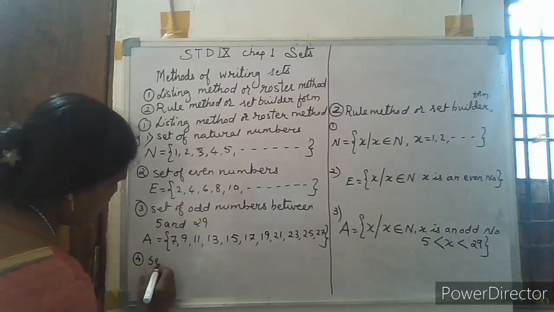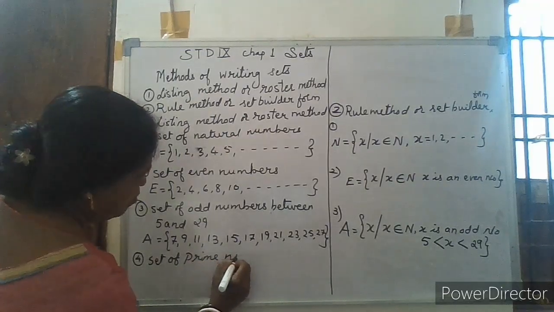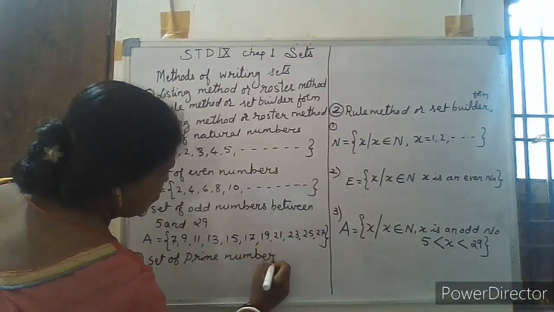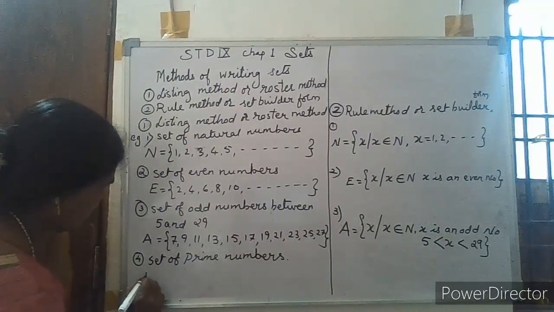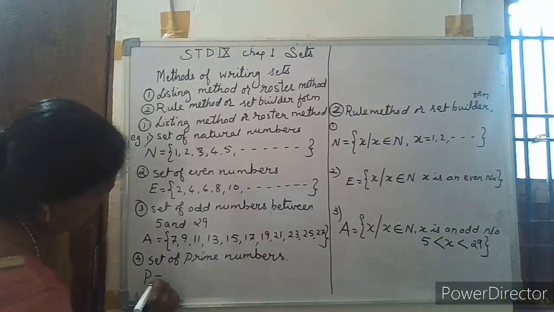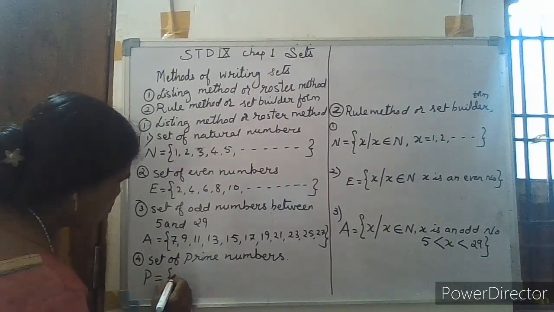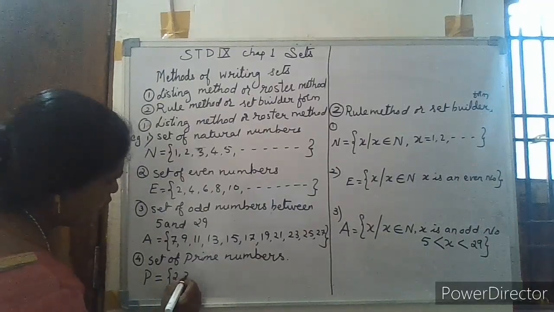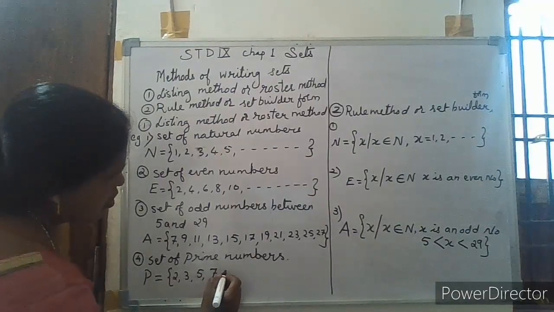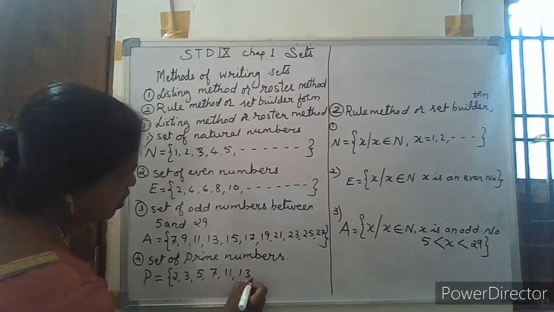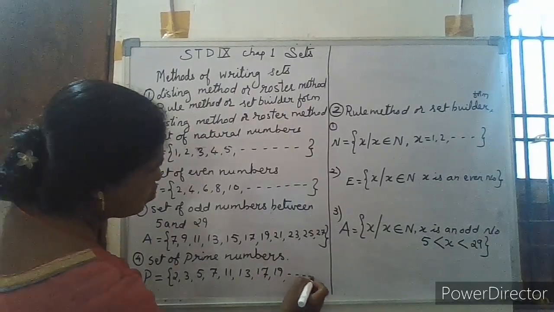set of prime numbers. Let me take it as P. You know the first prime numbers are 2, 3, 5, 7, 11, 13, 17, 19 and so on.